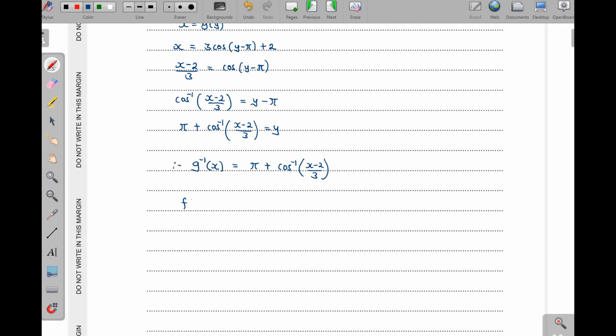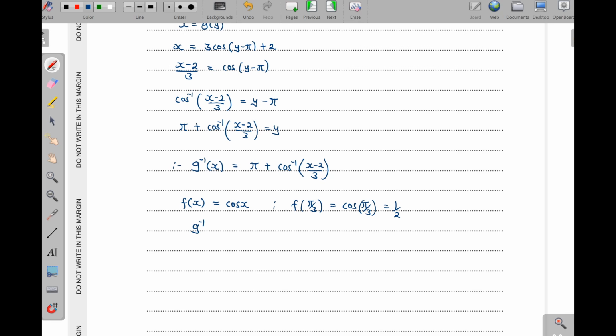So f of x, we know it is equal to cosine of x. So meaning f of pi over 3 will be cos of pi over 3, which gives us what? A half.